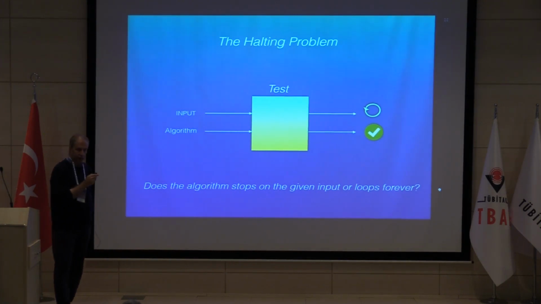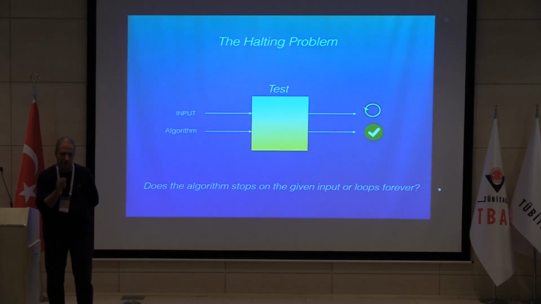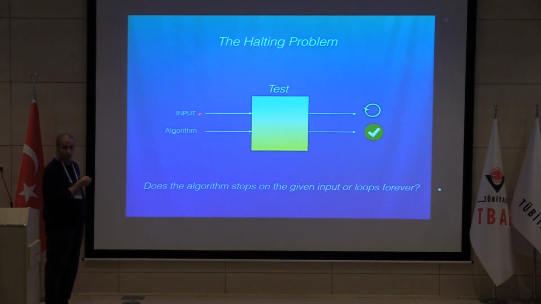Let's look at it again. We have a machine which is called test. The input is a number, for example, a huge number, and an algorithm. The machine wants to decide whether this input, this string, is accepted by this algorithm, like the ones that we described in previous slides.